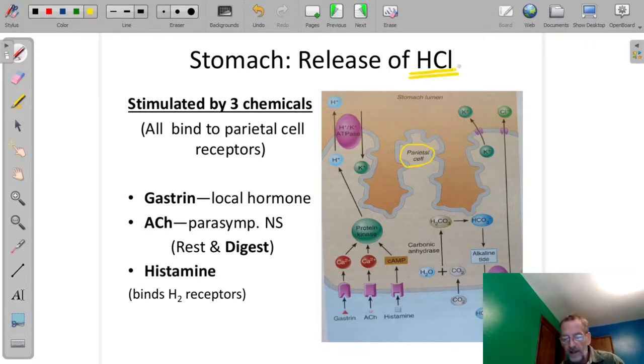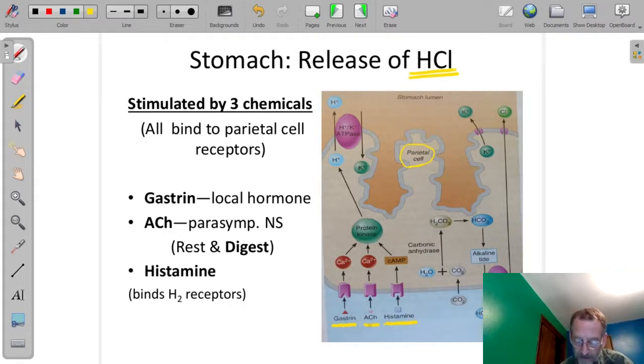So some of this should look familiar. First of all, let's just start with the signals. So there are three stimuli or signals for the production of hydrochloric acid. And when all three of these are present at the same time, it sort of turns on HCl production like opening up a fire hose.